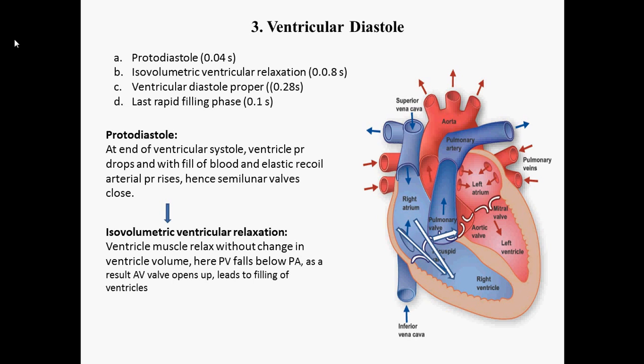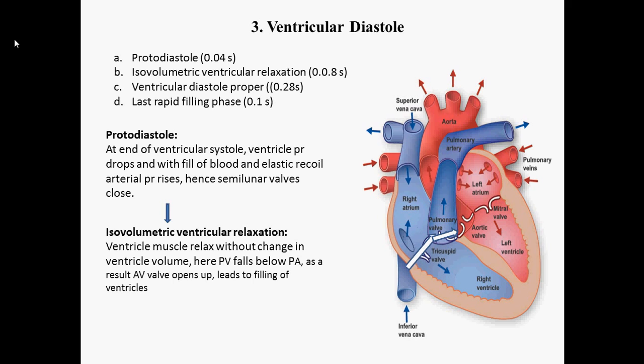So in isovolumetric ventricular relaxation, ventricle muscles relax without changing the ventricle volume. The pressure of the ventricle falls below the pressure of the atria, and as a result AV valves open up, and that leads to filling of the ventricles. You can see in the diagram, the ventricle is a closed chamber, the pressure in the ventricle has declined compared to the atria, and as a result the atrioventricular valve opens up and the blood comes and fills the ventricles.